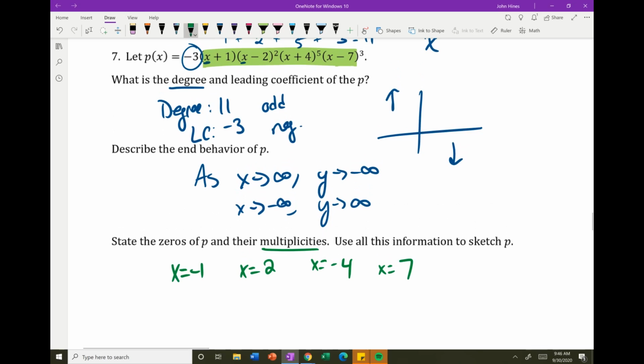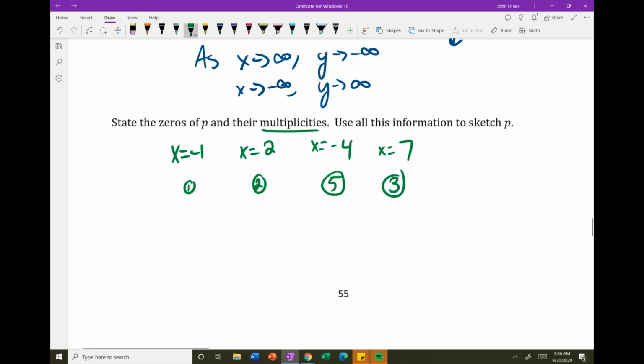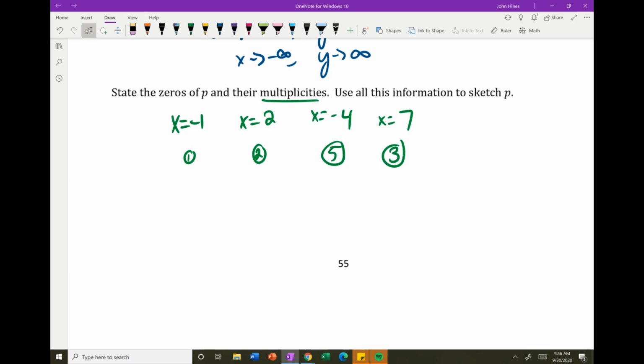And their multiplicities is how many of them do I have? So I have one of these, I have two of those, I have 5 of those, and 3 of those. Why does that matter? Because that tells me if I cross through or turn around. It's the even multiplicities that tell me to turn around, and the odd ones cross through.